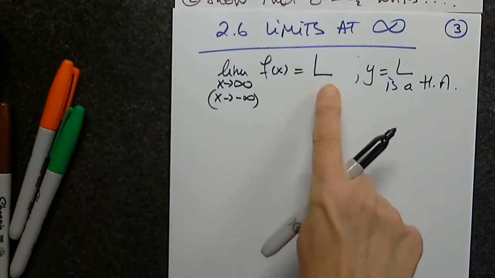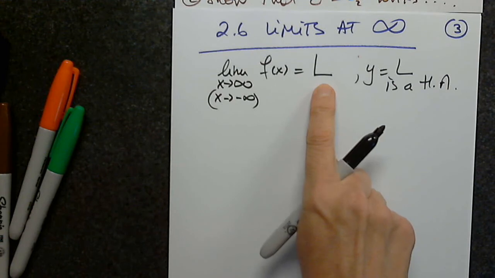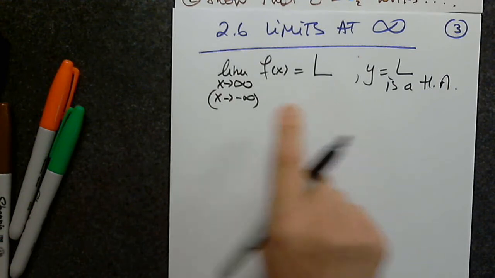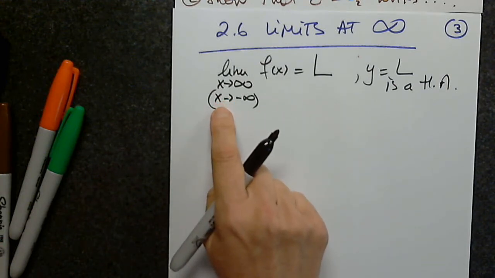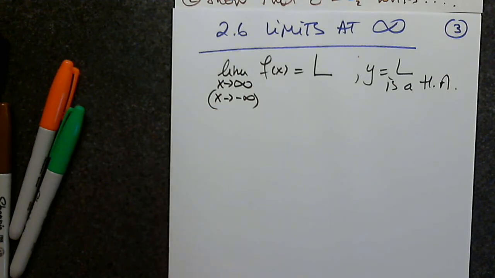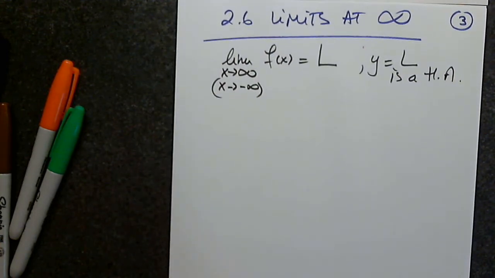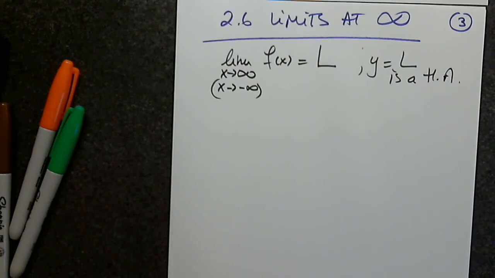Yes, if it's a number. If the limit of a rational function is 5 when x approaches infinity, then y equals 5 is a horizontal asymptote. We discussed this in pre-calculus, but we did not prove it entirely. We did prove it, but not with limits. So now we're going to prove this with limits.